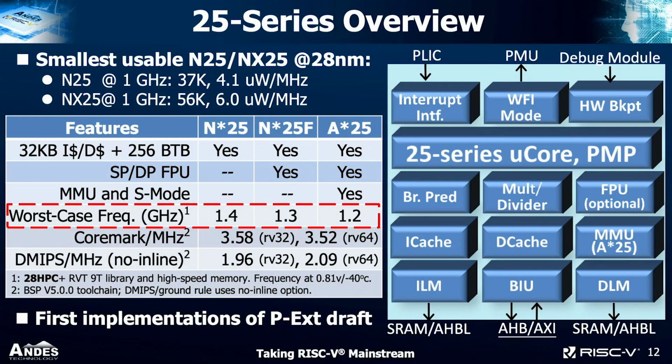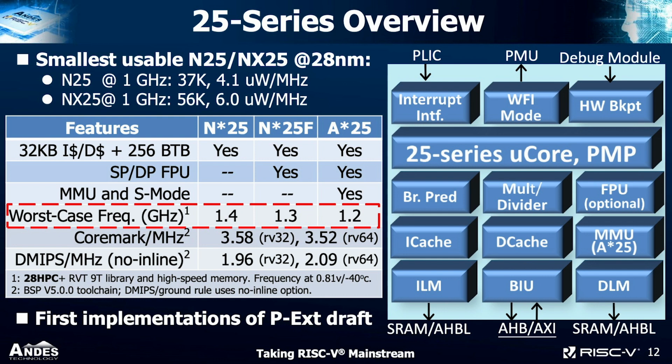Those who looked at Andy's presentation in the past, this already appeared before. I just want to highlight that at 28 nanometer, we have different configurations of the core, but they are all full featured, including 32K caches, branch prediction, single precision or double precision floating point, with MMU. And the frequency can range from 1.2 gigahertz to 1.4 at 28 nanometer.